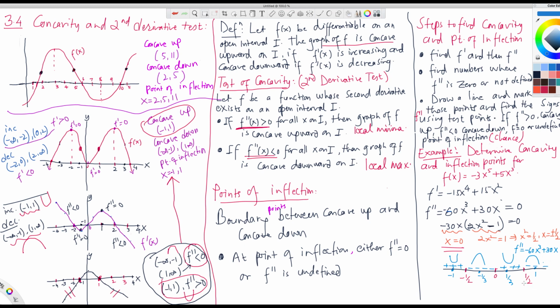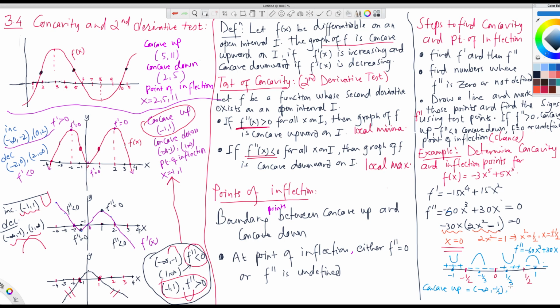Okay, so what do you think? The concave up interval, so concave up, is negative infinity to negative 1/2. And then what is the next one?